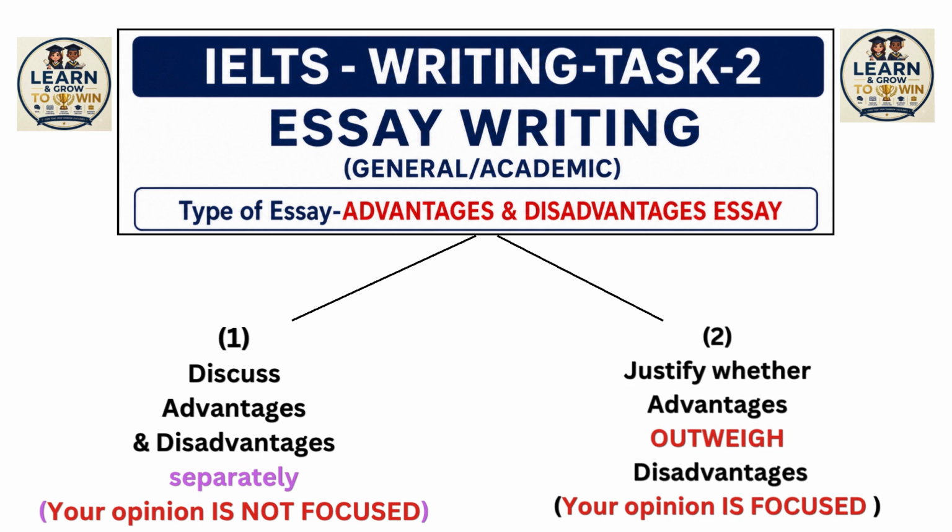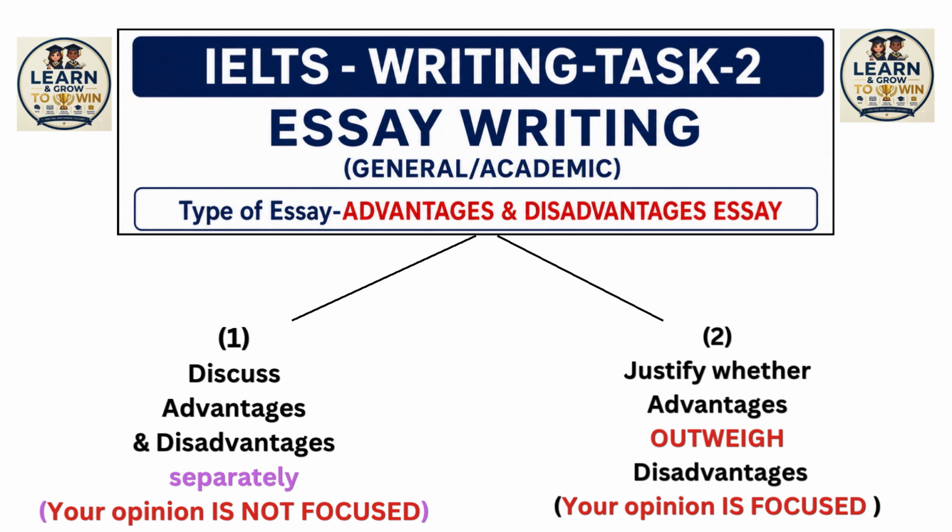Actually, there are two types of essays that come under advantages and disadvantages essays in the IELTS Writing Task 2 section. Some of you may be aware of it, but some of you are not, I guess. So I would brief it like this. When it comes to the first category of essay here, it is somewhat general in sense.